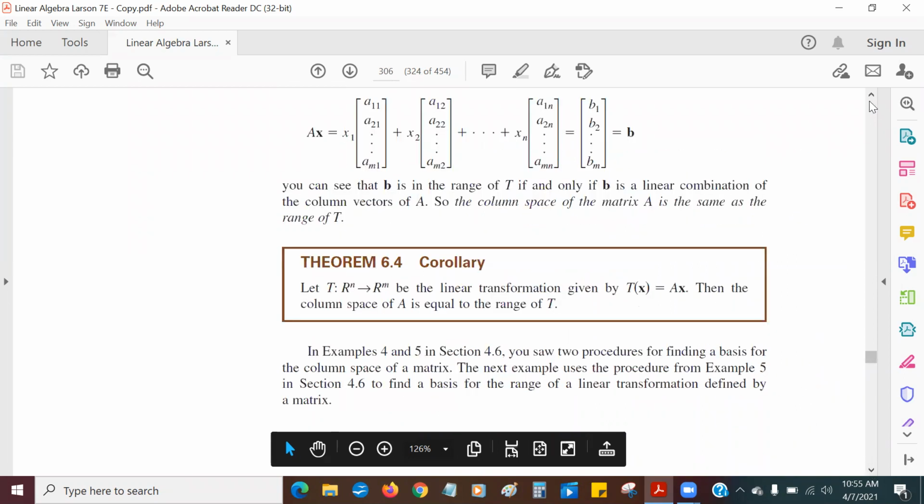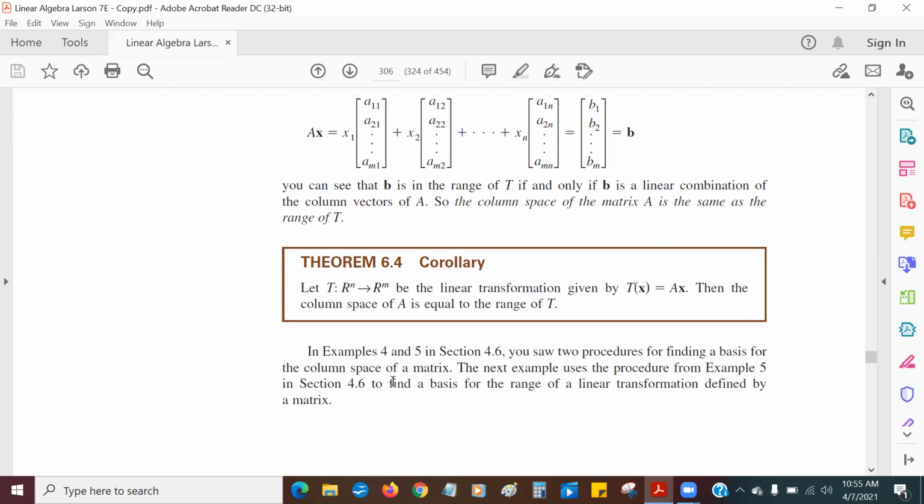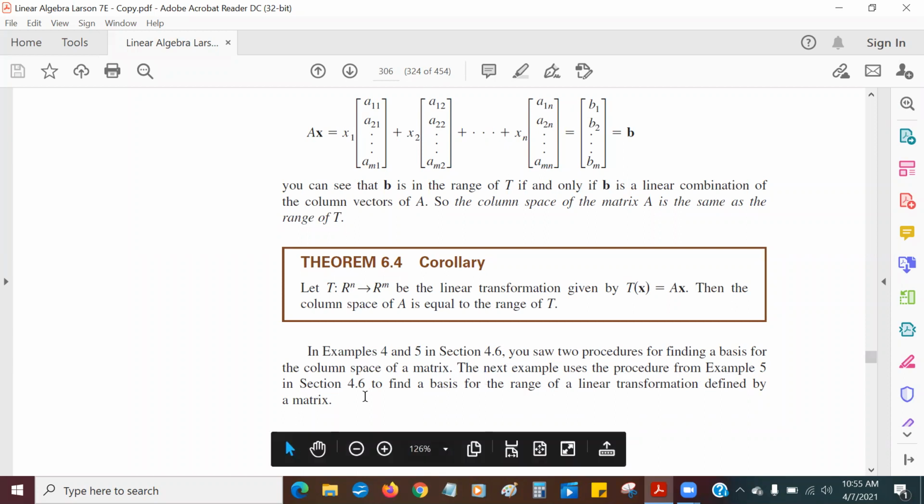Examples 4, 5, 7, you saw two procedures to find the basis of a column space. The next two examples use the procedures from example 5 in section 4.6 to find the basis. So we learned two different ways back in 4.6 how to find the basis of a column space.